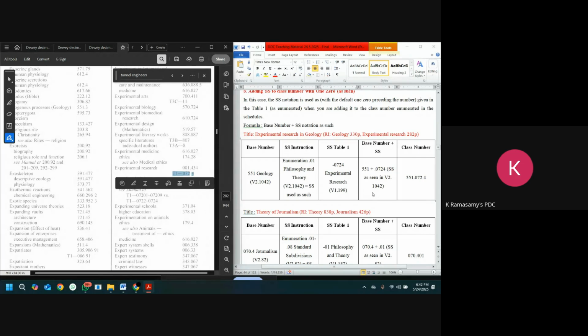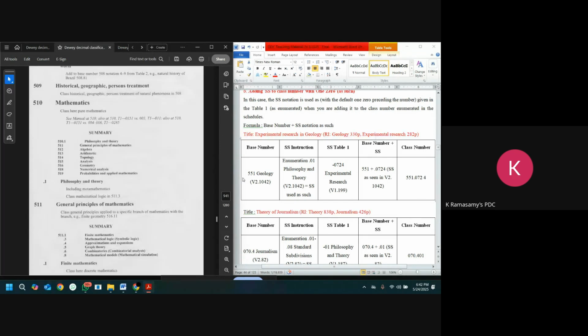Okay. Now I need to know how can I add both these numbers, geology and experimental research. Geology is the subject content of the document. Experimental research is the number taken from standard subdivision. So I need to go to 551. Let me go to volume 2.